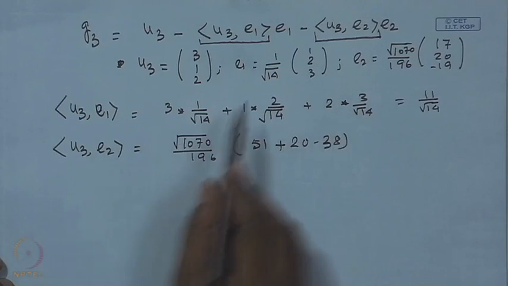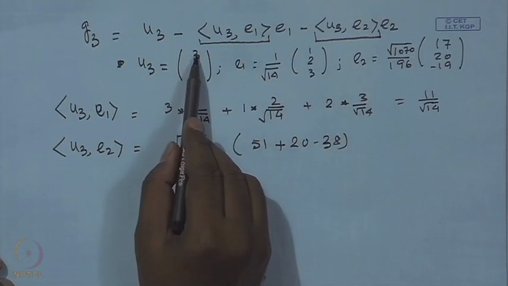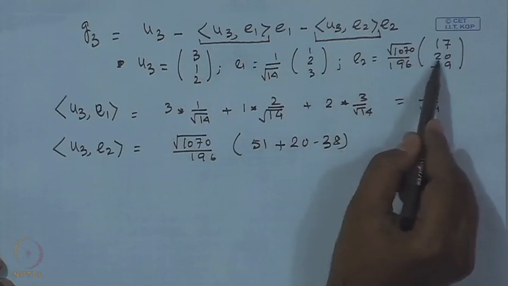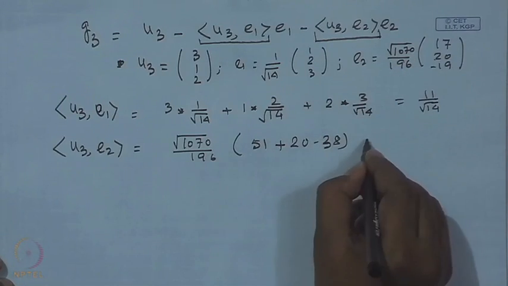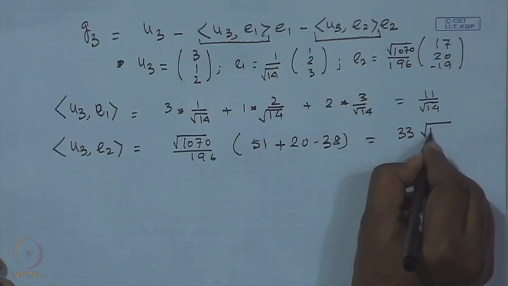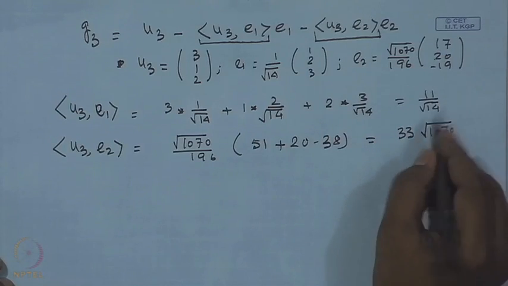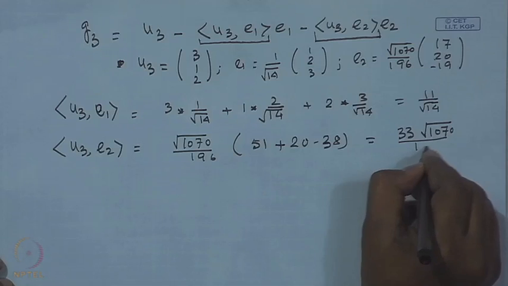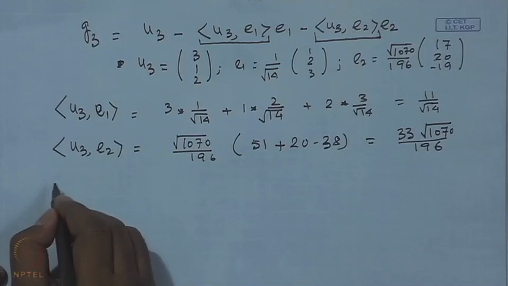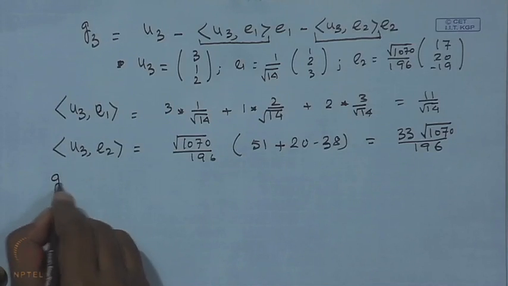So, this multiplied by this, plus 1 multiplied by root 1070 divided by 196 into 20. Likewise, you will be getting this as 33 root over 1070 divided by 196. Okay.